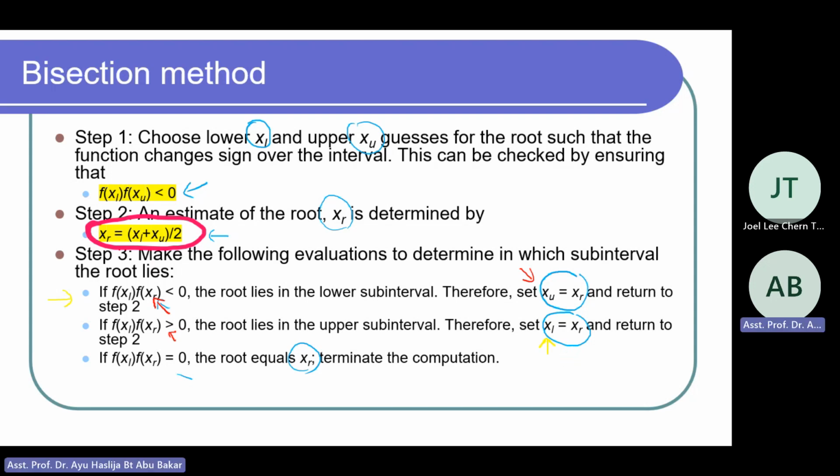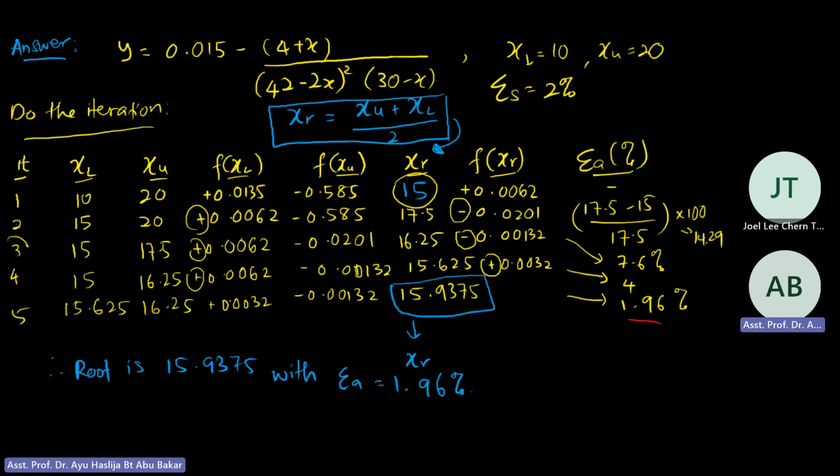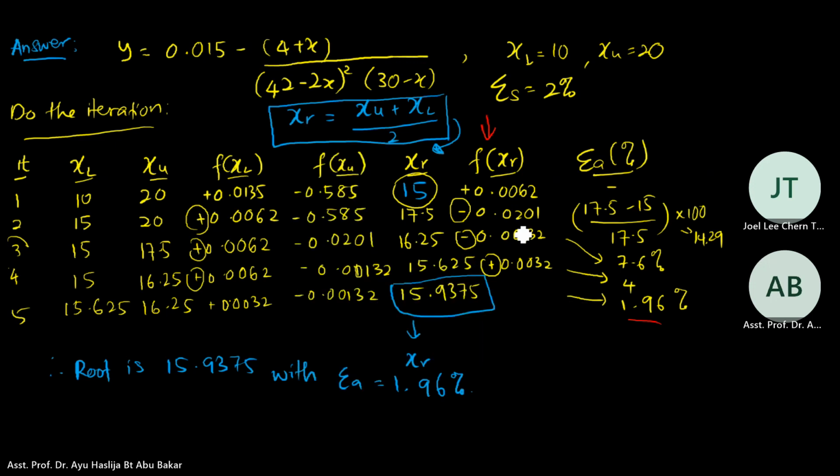Now, another method to decide whether your XR is XU or XL, apart from using that one, is to use this method where you look at your FXR. This is our focus point, FXR. Once you calculated the FXR, here it is positive for the first iteration.